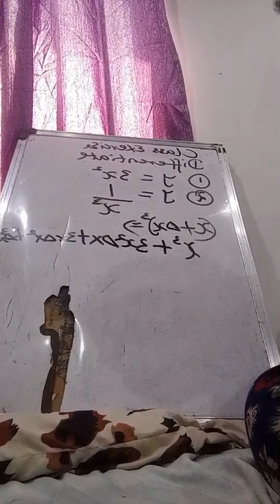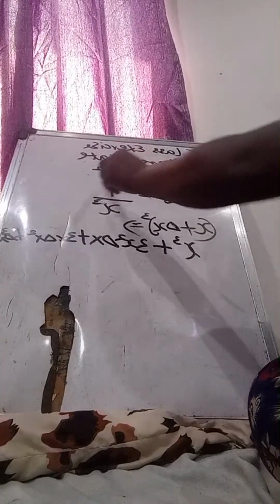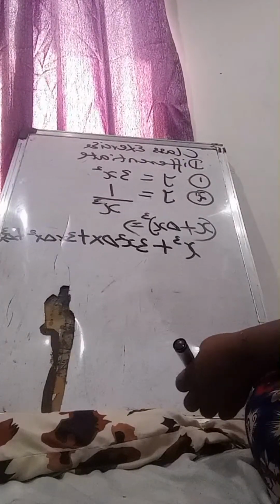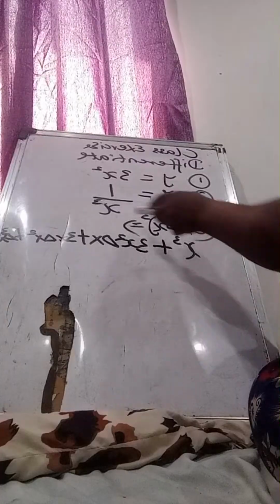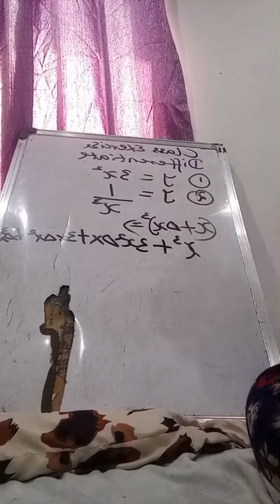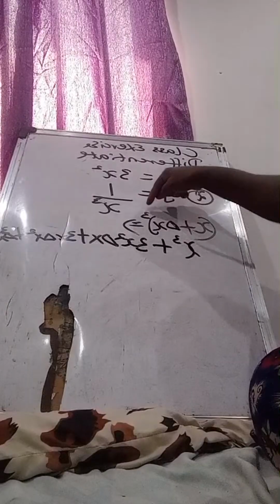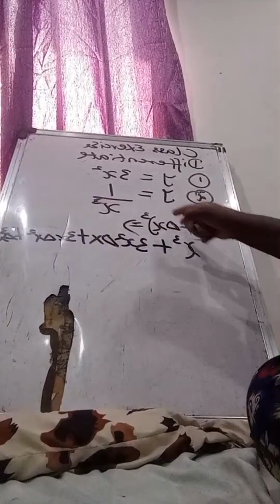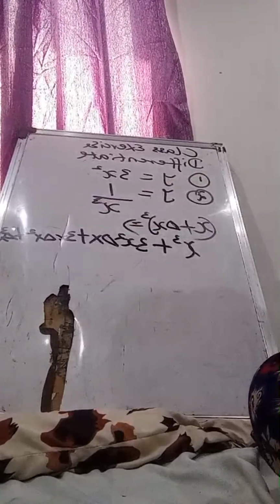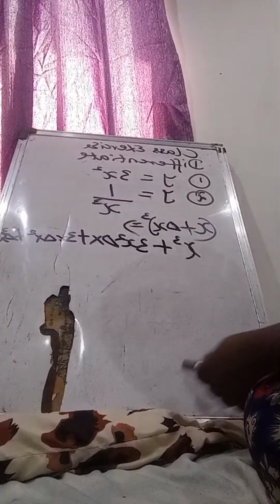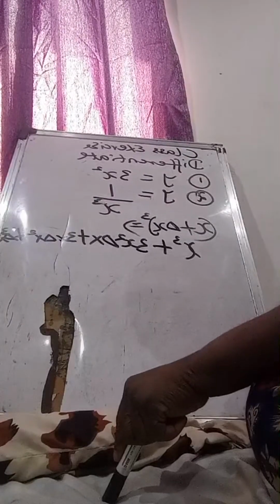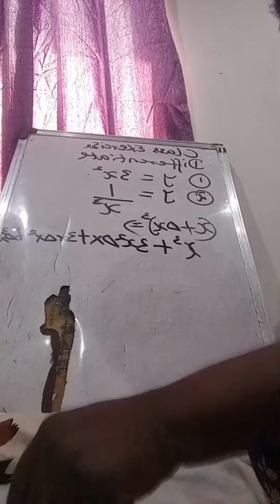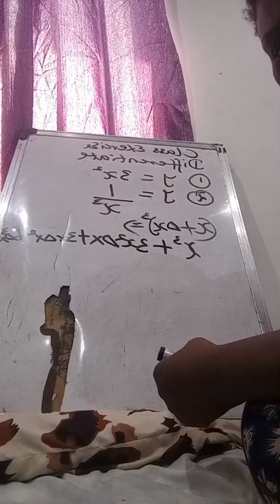Okay, this is 1 over x cube, right? By the time you add change in x to x, you are going to get x plus change in x cube. This x plus change in x cube means x plus change in x bracket, x plus change in x bracket, x plus change in x.